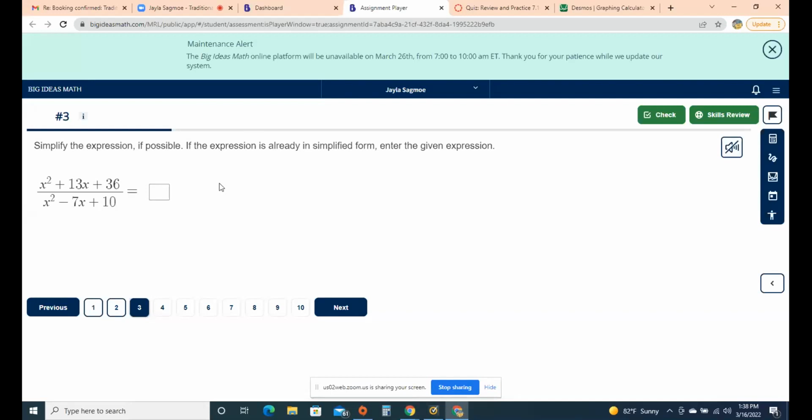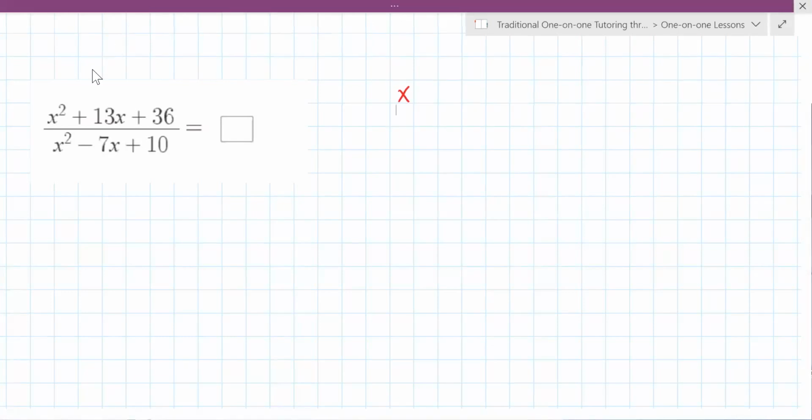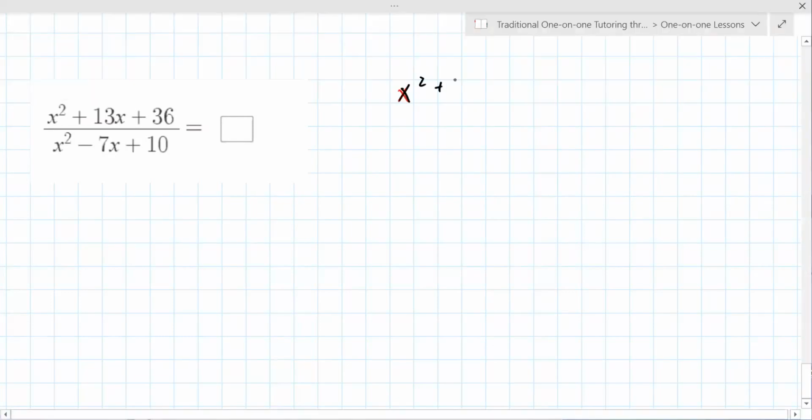So one of the reasons Desmos worked is because you had multiple choice answers. For this, we don't have them. So there's no shortcut other than to do it the way that we're doing now. So you first start with that x squared plus 13x plus 36.